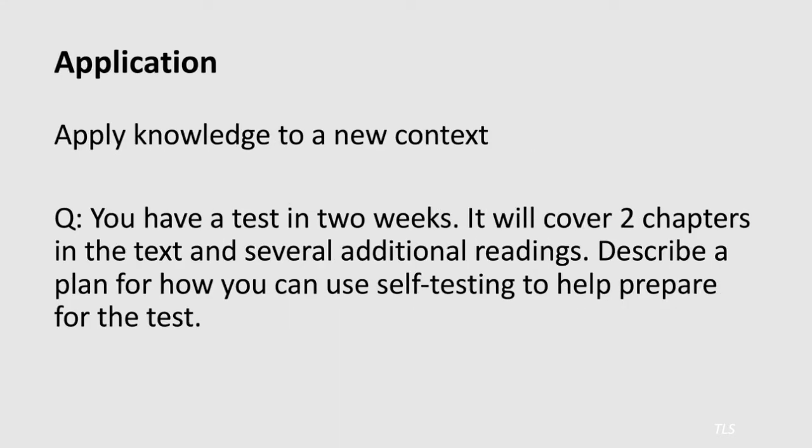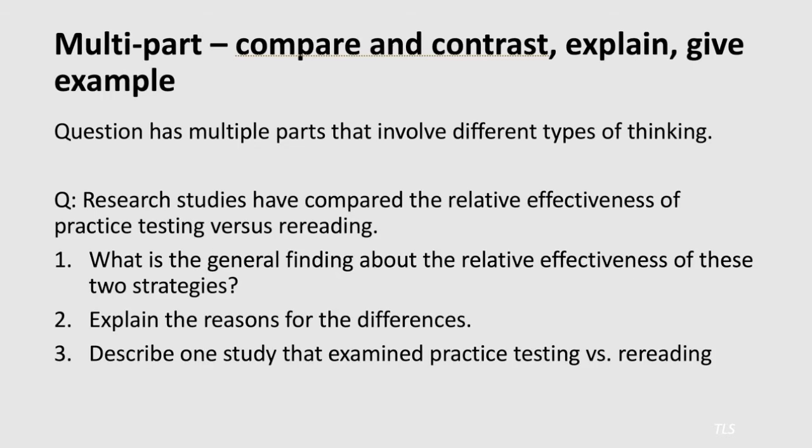A fourth type of question is application, where you apply knowledge to a new context. Here's an example. You have a test in 2 weeks. It will cover 2 chapters in the text and several additional readings. Describe a plan for how you can use self-testing to help prepare for the test. And fifth is a multi-part problem or question.